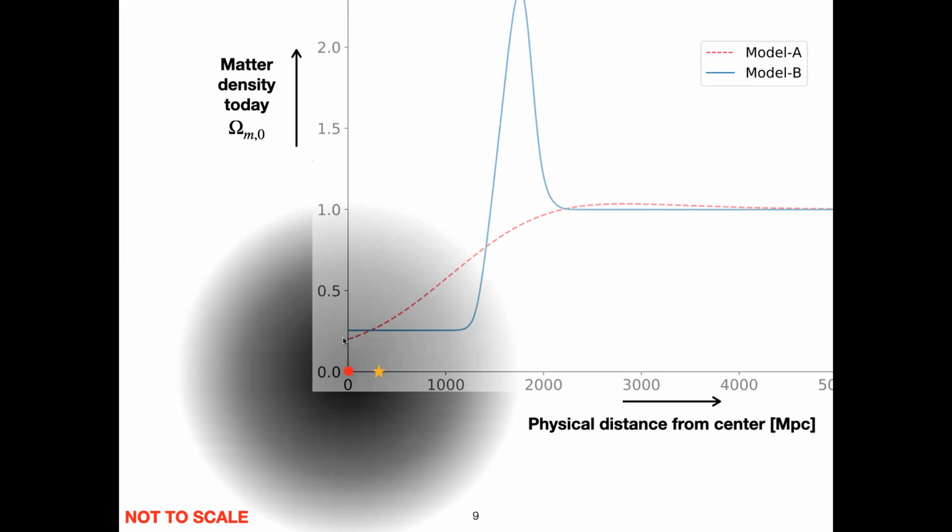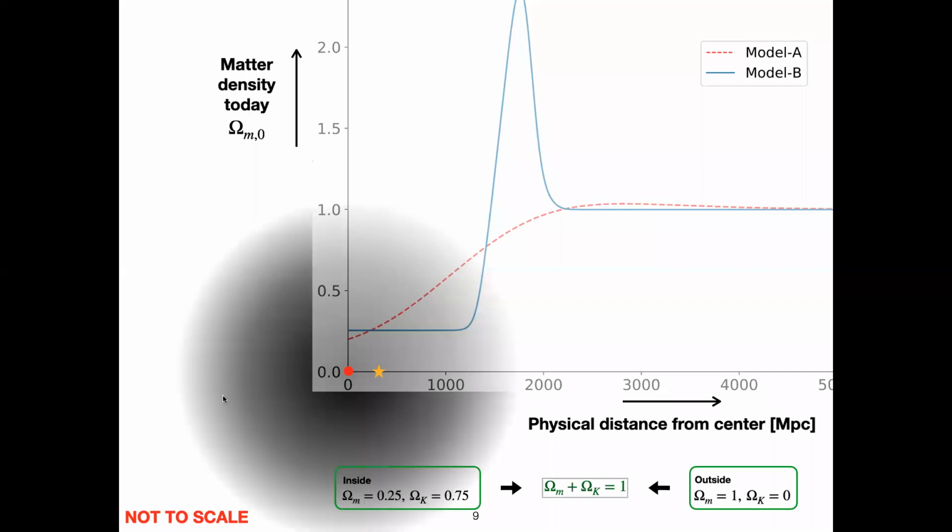You can see that the matter density in the inside region of the void is less than 1, so there is also some other component present, which is curvature, and the rest of the portion is occupied by the curvature density. Since this is a profile only for matter density, I have not denoted that here.